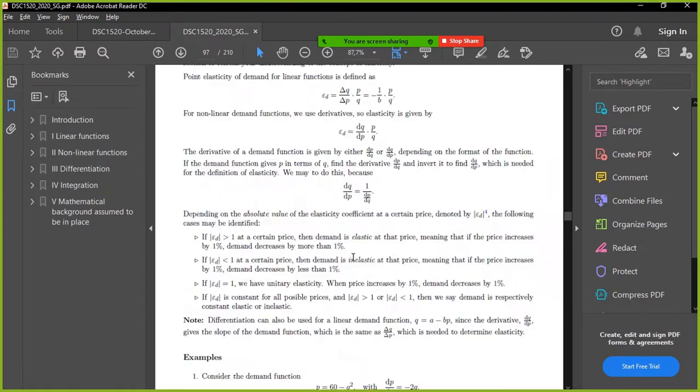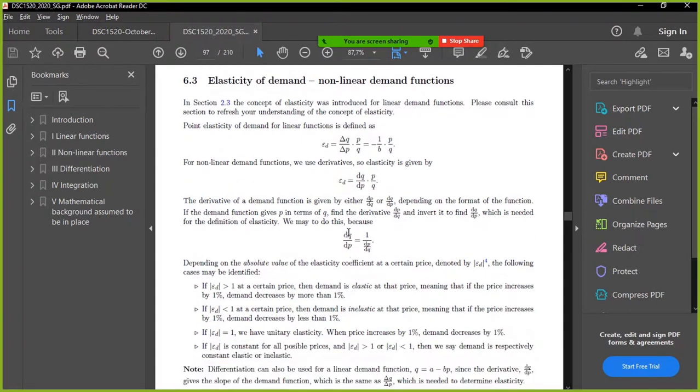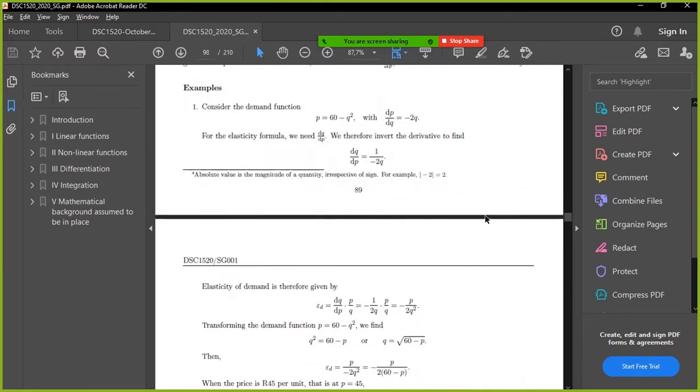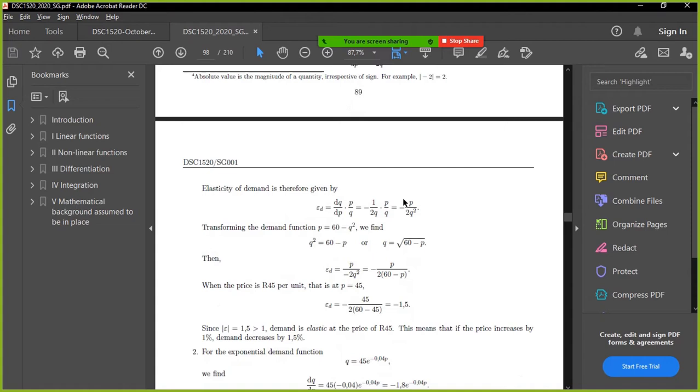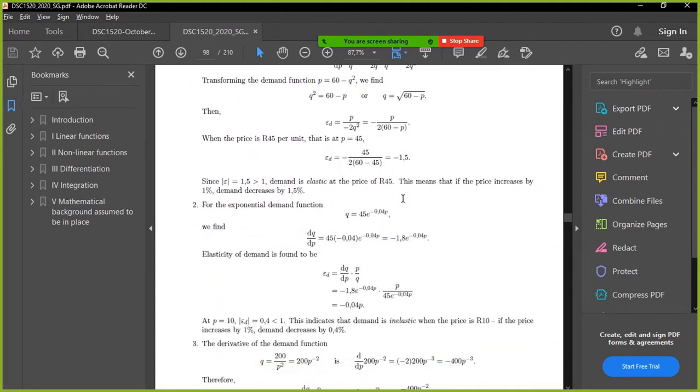Was that all they gave you here? Yeah, that was it. Changing Q over changing P, that's all. Okay, if you scroll down, do they not maybe have other examples? Yeah, see there. dq over dp, p times q. Yeah.